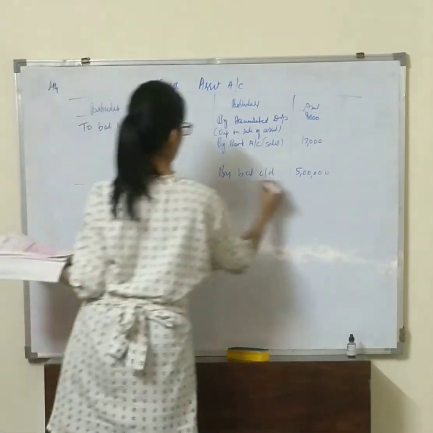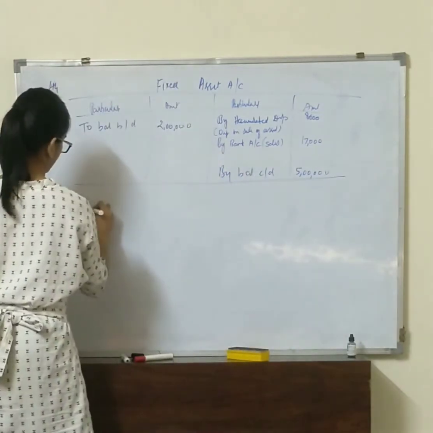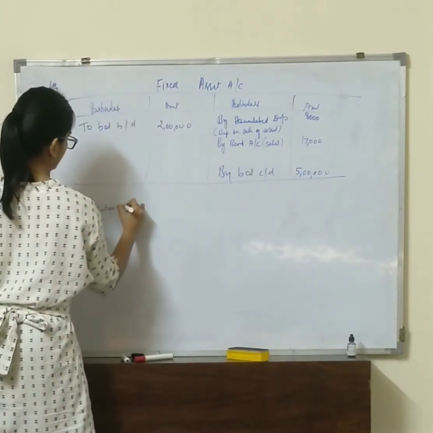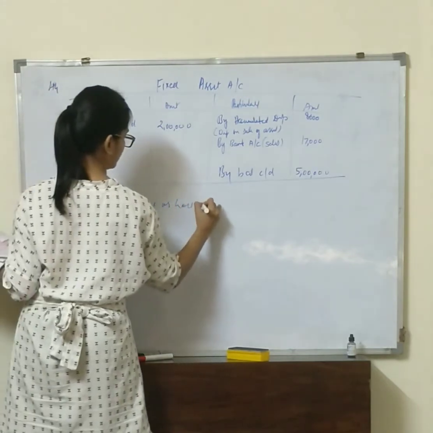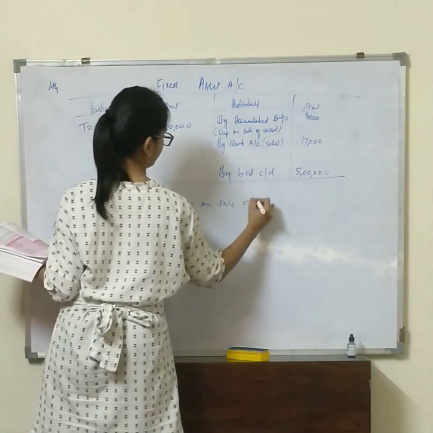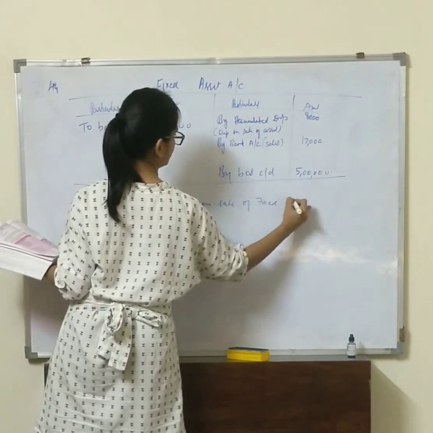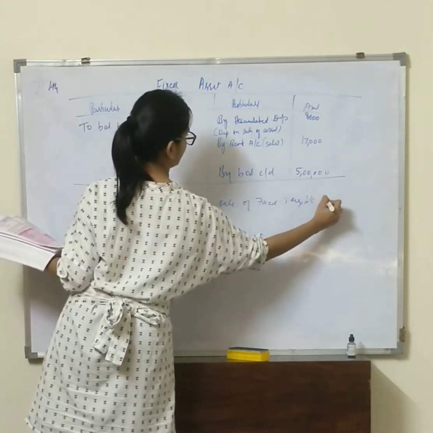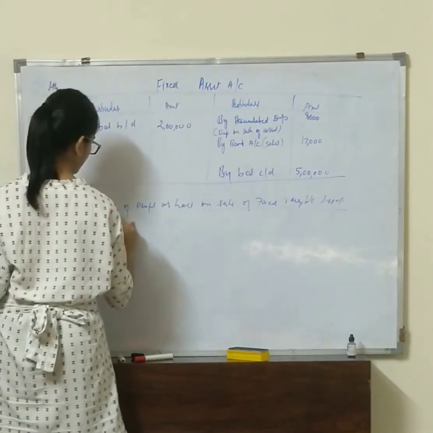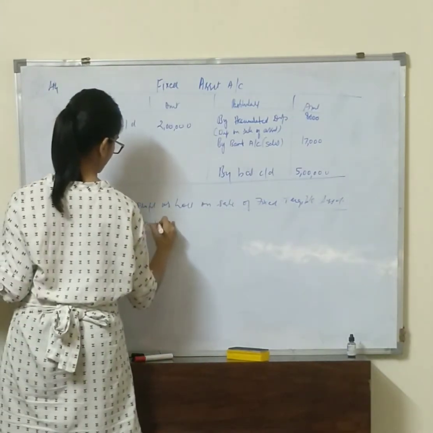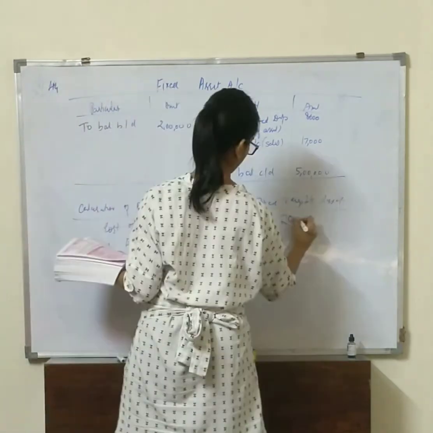So after this account you can write down calculation of profit or loss on sale of fixed tangible asset. Underline this. Next line you will write cost of machine. How much is it? 20,000.